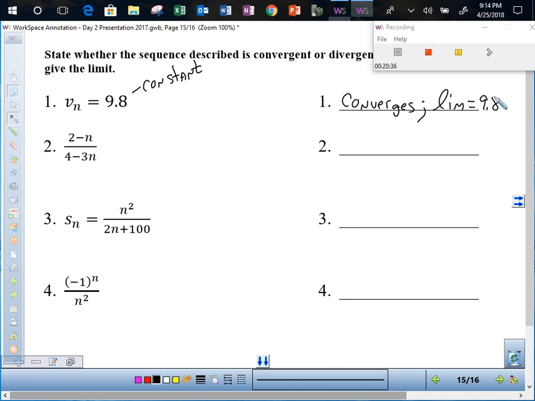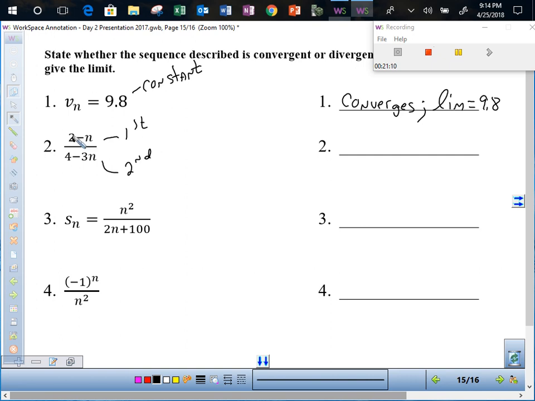Let's look at your number 2. Here's how to attack this. Look at your powers. Go find your highest power in your numerator, your highest power in the denominator. The highest power in the numerator is to the first. The highest power in the denominator is to the first. Now, look at the leading coefficients of that part.